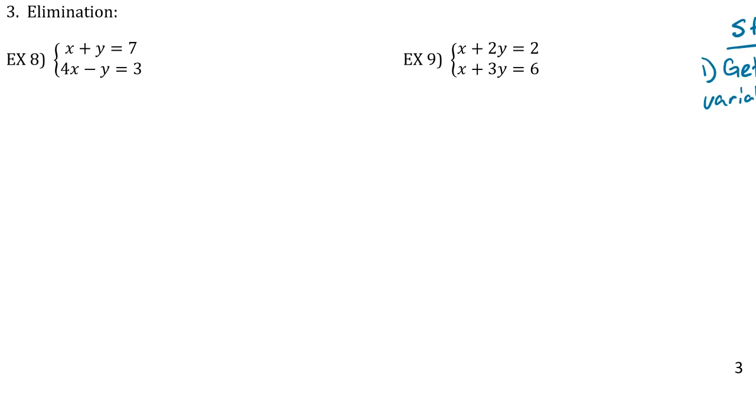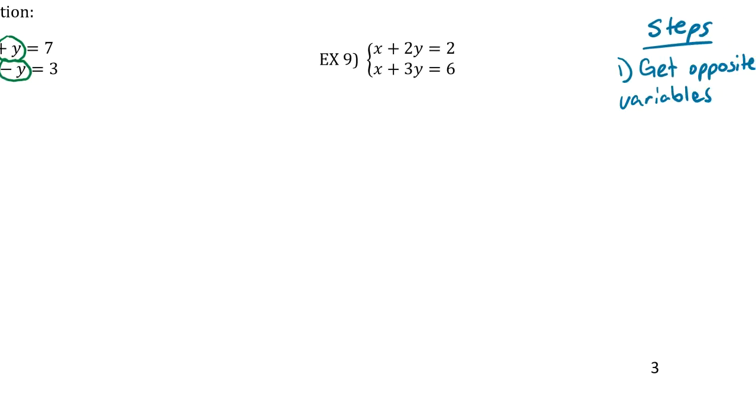All right. So if we look at example 8, we already have a pair of opposite variables. We have a plus y, and we have a minus y. All right, so we already have that. First step is done. All right, step 2. Add the equations.